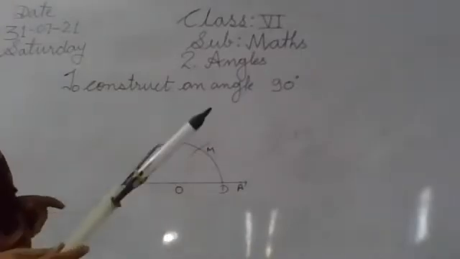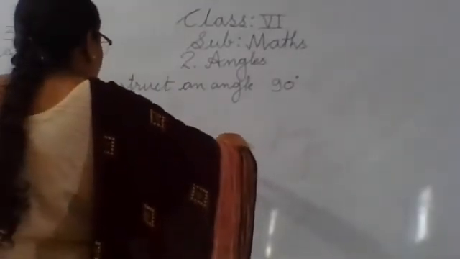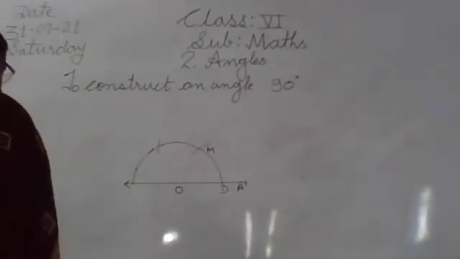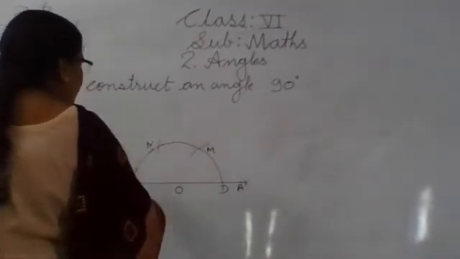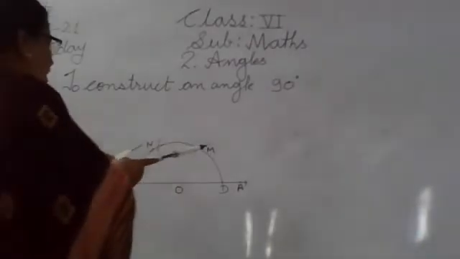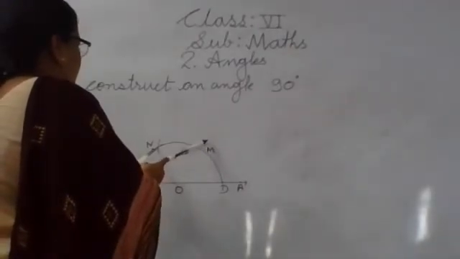Again, without disturbing the distance, place the pointer on N and mark another arc. And so it is point N. Okay. Now we will take the distance more than this half.